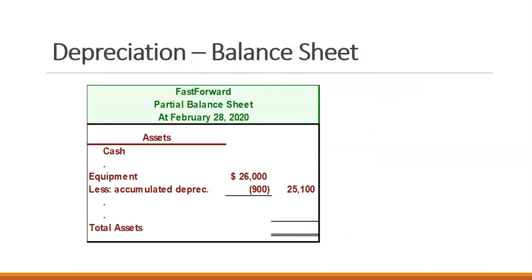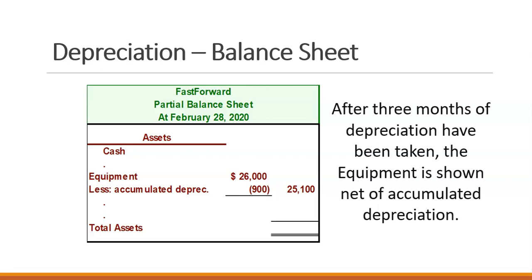Okay, when we see this on our balance sheet, we see that when we list our assets, accumulated depreciation is listed in the assets. Accumulated depreciation is what is called a contra asset.